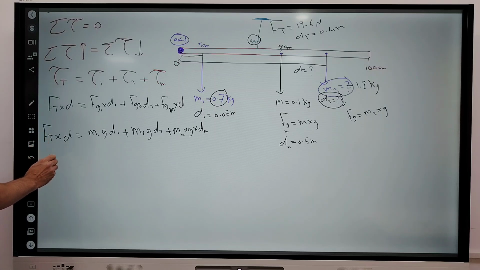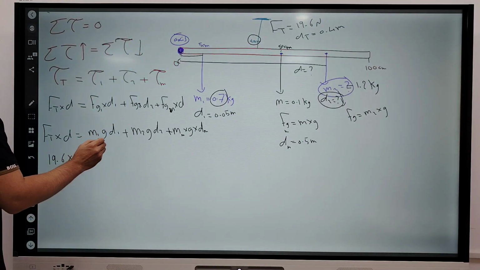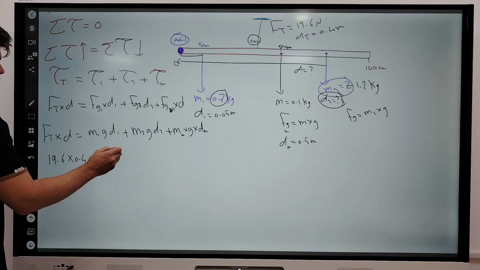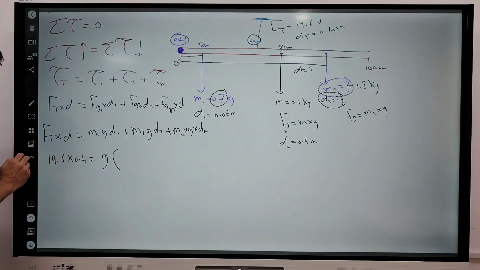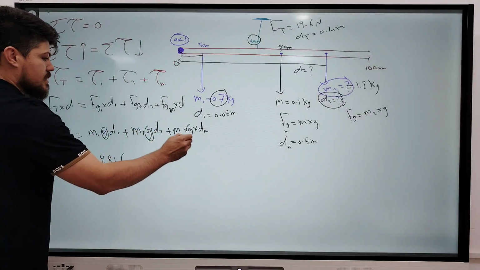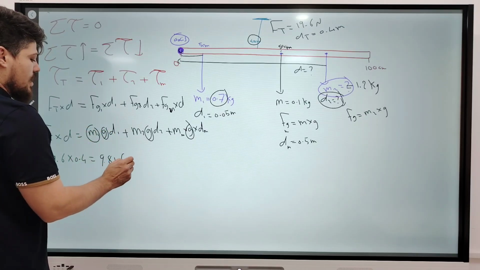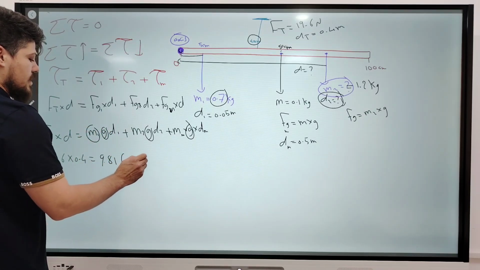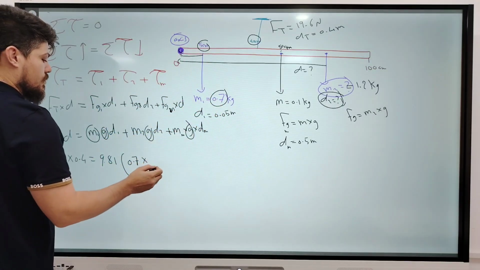Ft was given, 19.6, times the distance of Ft, which is equal to 0.4 from this end. So g is the same. We can take a common factor, which is equal to 9.81, out. So what does remain? M1, 0.7, times d1, 5 centimeter, which is equal to 0.05.